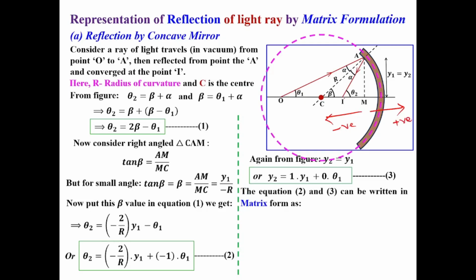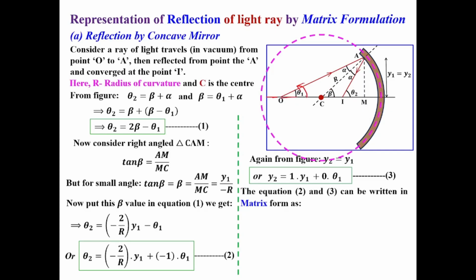Okay, this is your principal axis. If we move upward from the principal axis, it is positive. If we move downward, it will be negative. Another thing you have to remember, angles also follow the sign convention. If from the principal axis, this C, we consider theta 1, beta and theta 2, all are measured from the principal axis by considering what?